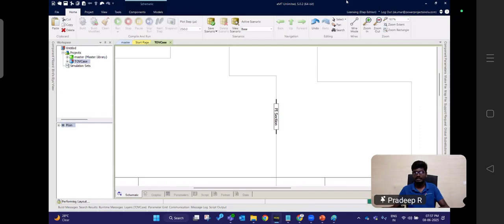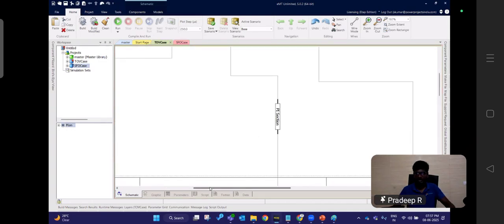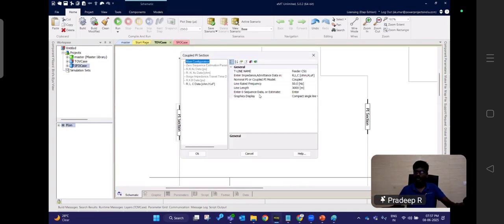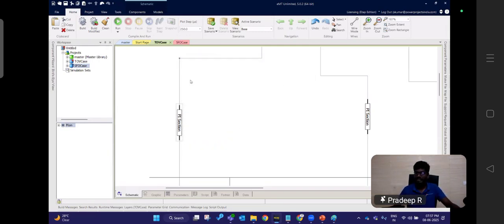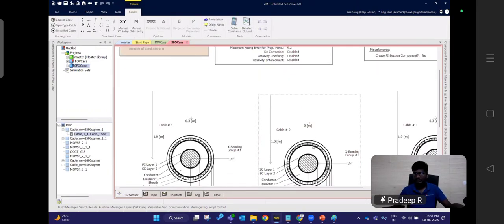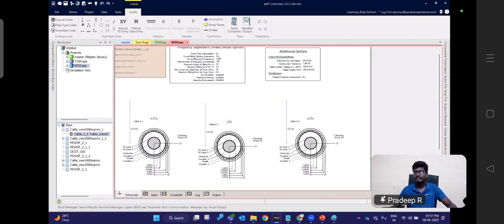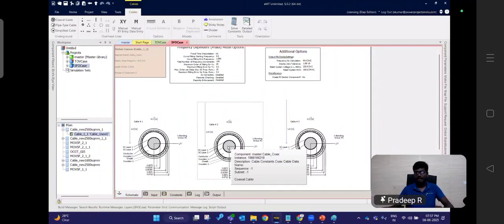It is the same SLD only. For different types of study, we have to model differently. For example, this is the cable feeder which I have modeled for my TOV. This model is known as the simple model bisection. The same cable feeder here is known as a frequency dependent cable, where we will be modeling the exact cable which is present in real time.